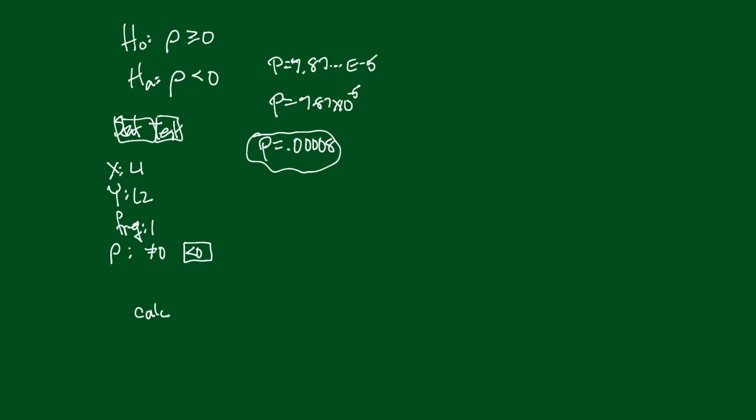Now that is really small, right? This is tenths, hundredths, thousandths, 10,000ths, 100,000ths. This event, 8 over 100,000. So what we're saying here is that if rho, the coefficient of correlation, was really, suppose, greater than or equal to 0, no correlation, right?